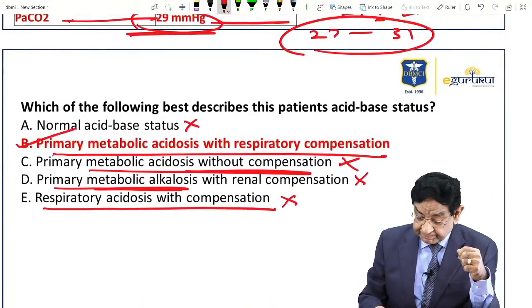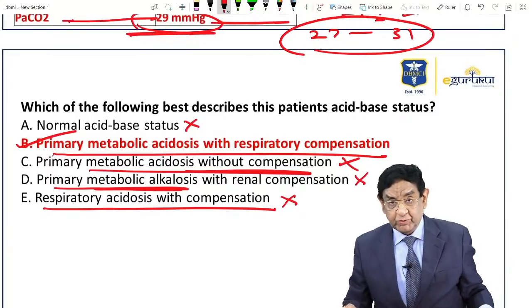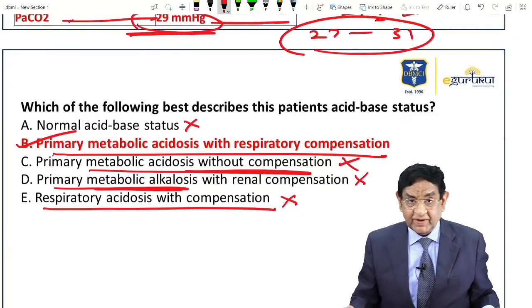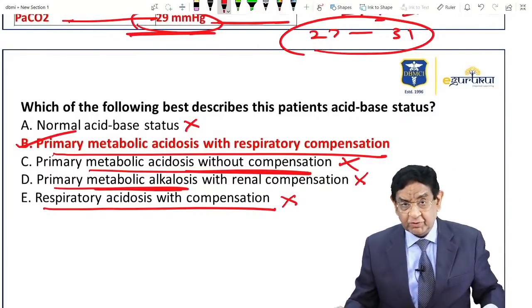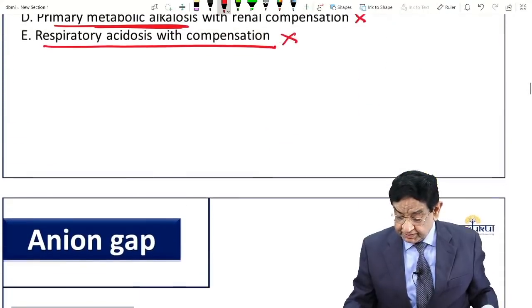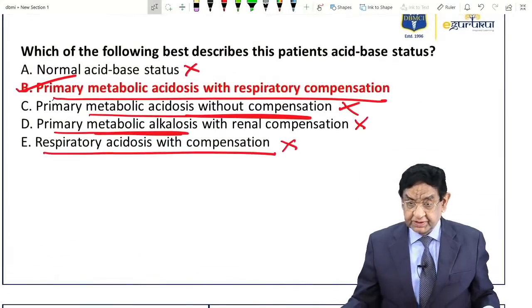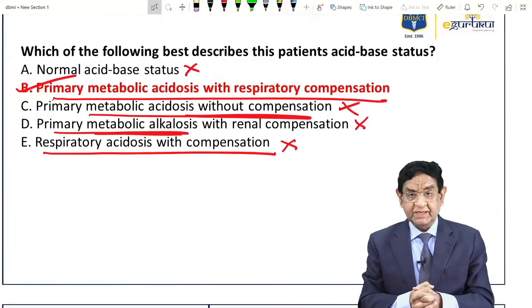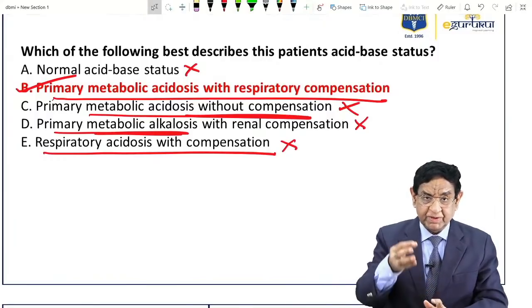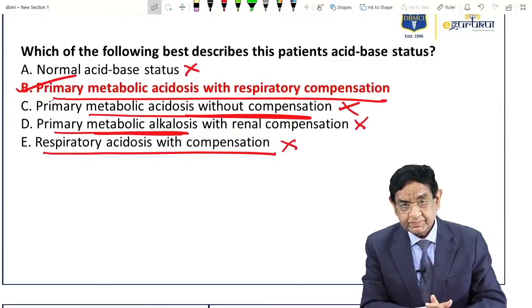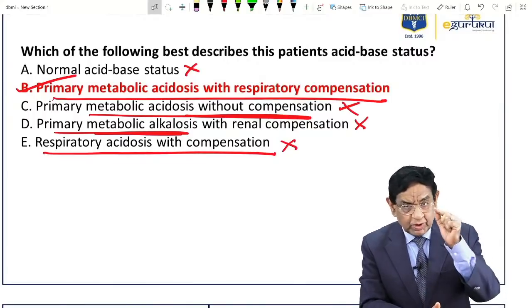So this is the best answer by knowing the basic concept of Winter formula and also by the rule out technique. So friends, ultimately in the whole acid base you have to remember the Winter formula. Summary, the entire acid base quiz in only one line.